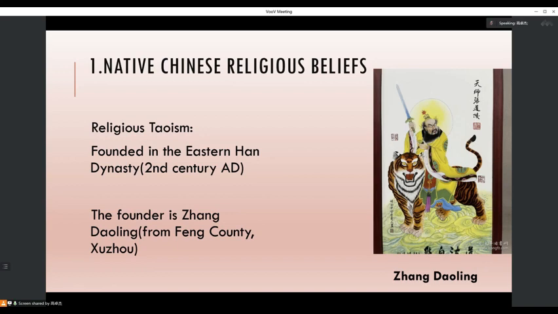Taoism. Taoism was founded in the Eastern Han, Donghan, about the second century AD. The founder, look at this picture, was born in Xuzhou.